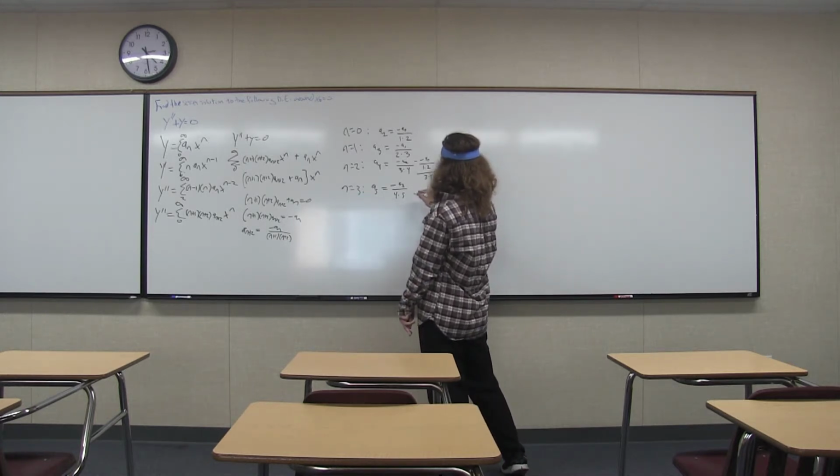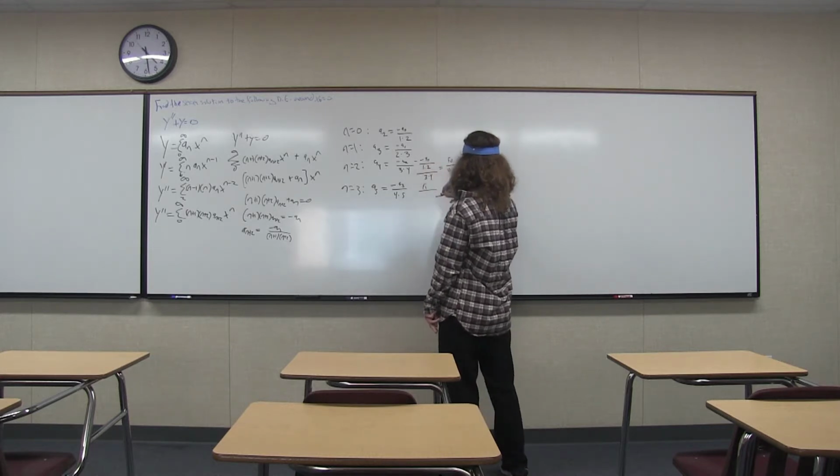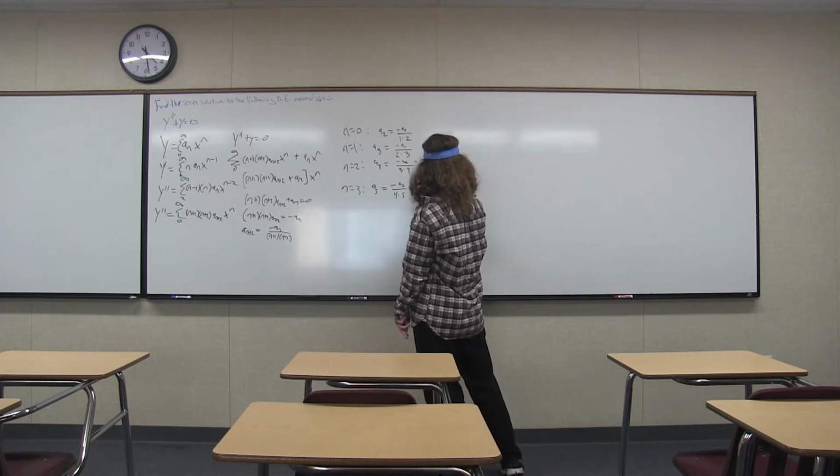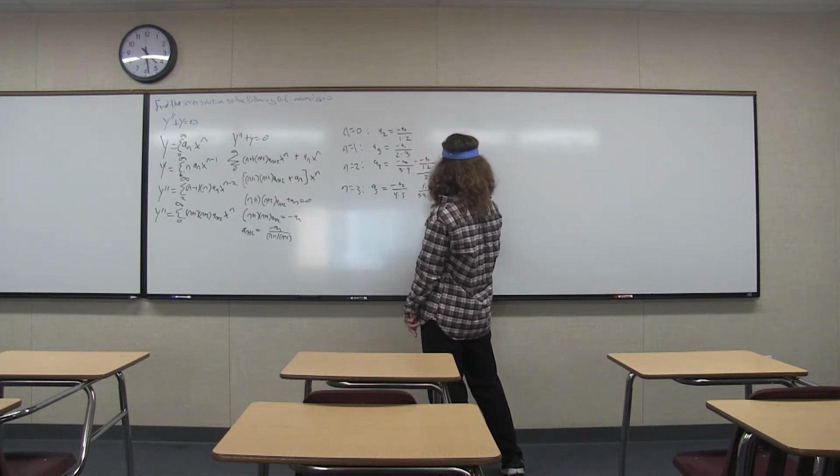So we can rewrite this as a1 over 5 times 4 times 3 times 2.